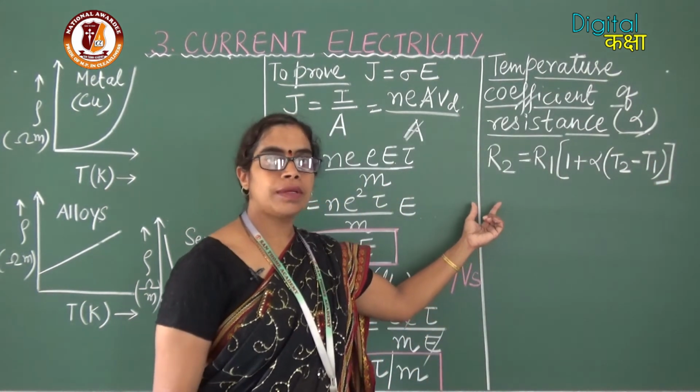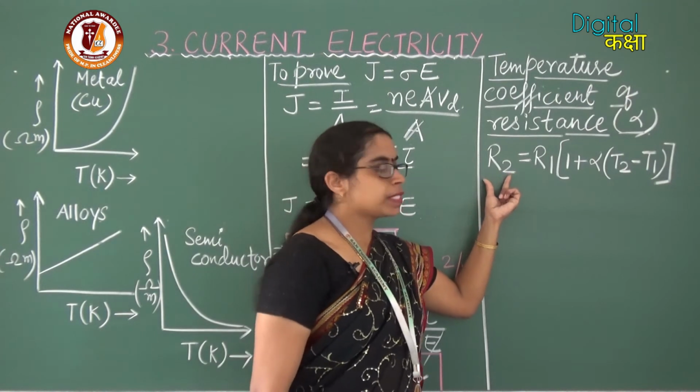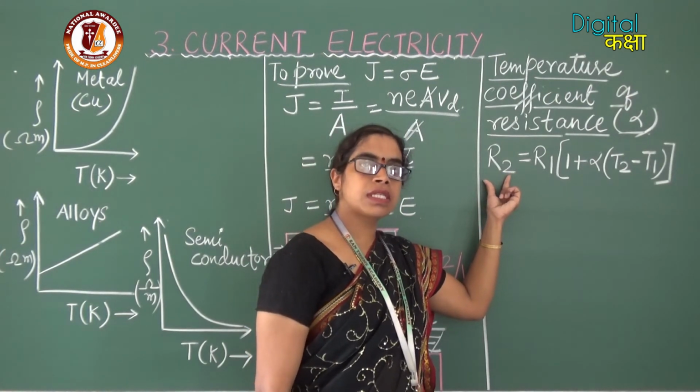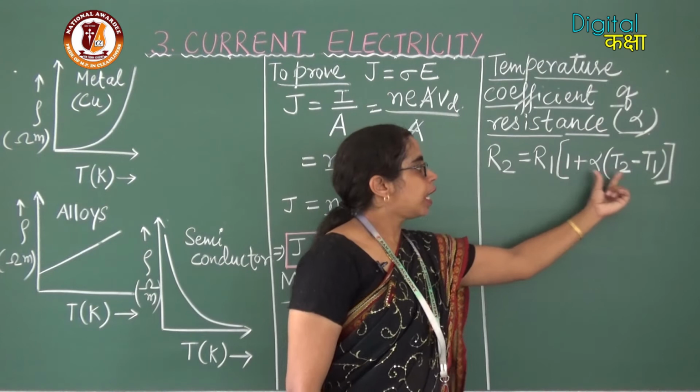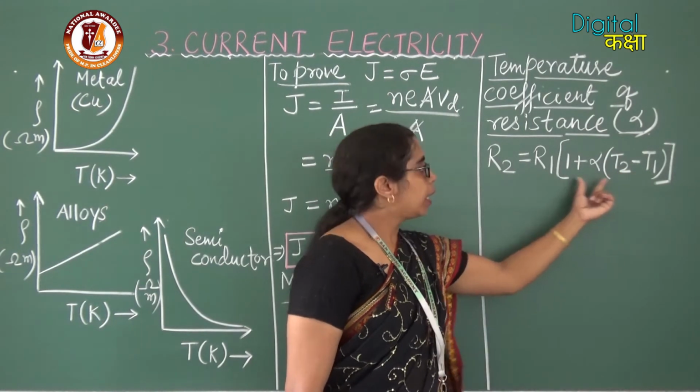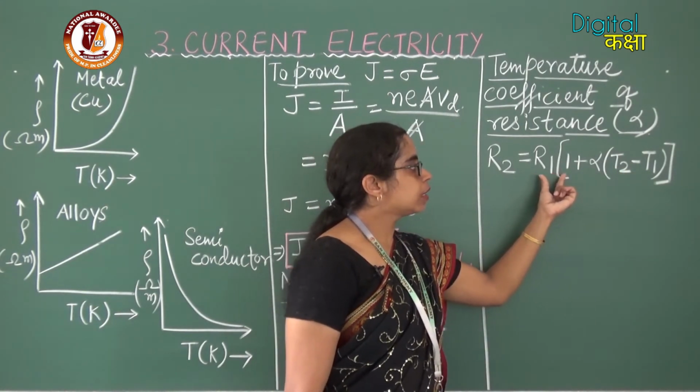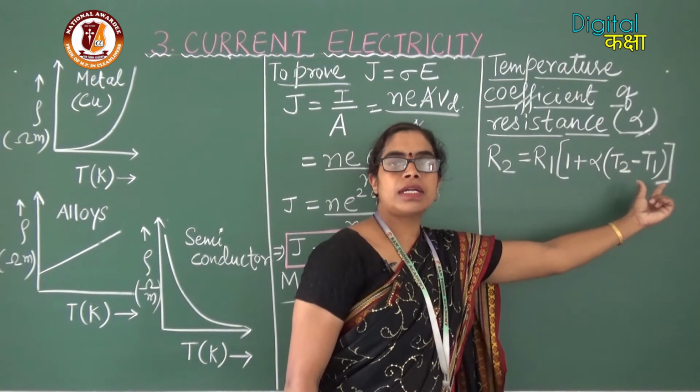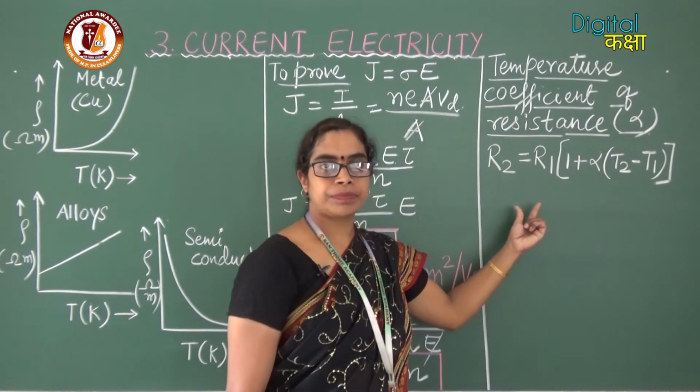In this formula, R2 represents the resistance of the conductor at temperature T2, and R1 represents the resistance at temperature T1.